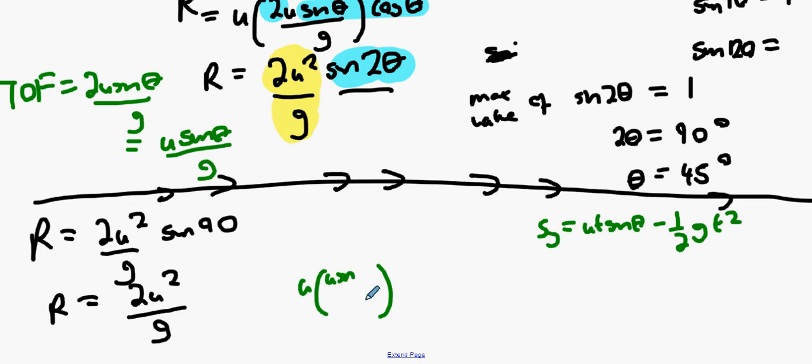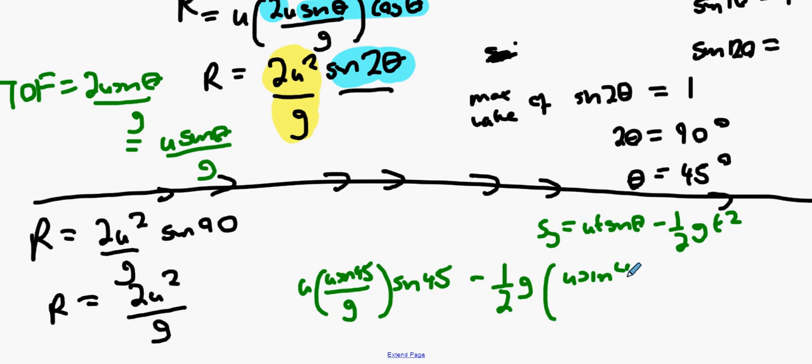Suppose we just put in 45, don't we? Save the effort, really. U sine 45 over g, another sine 45, minus a half g times u sine 45 over g squared.